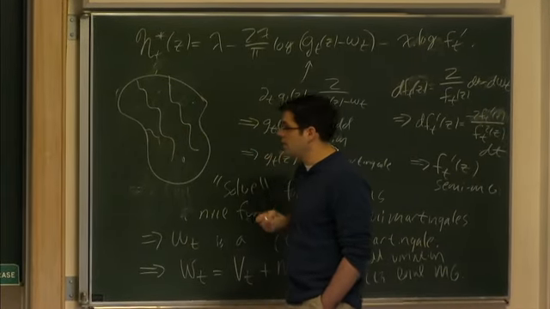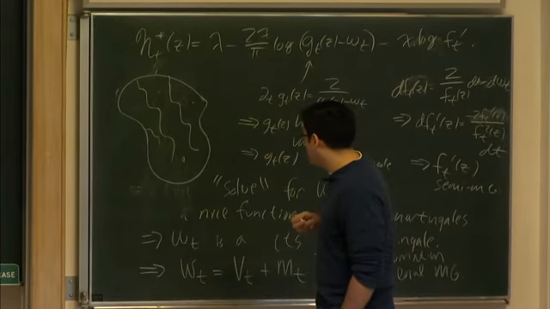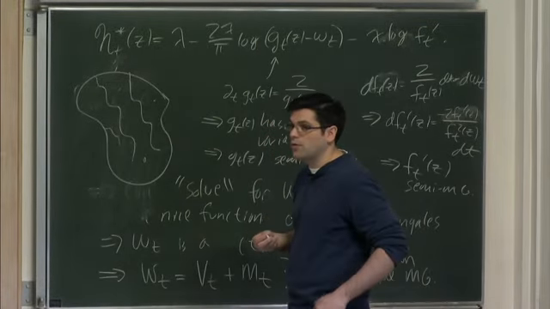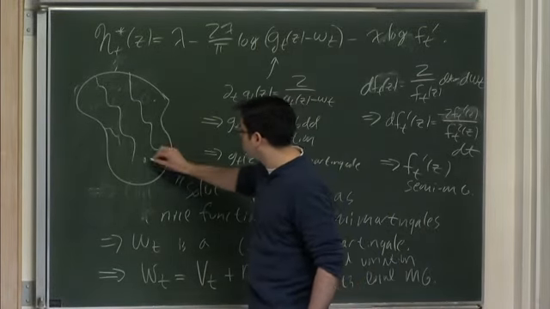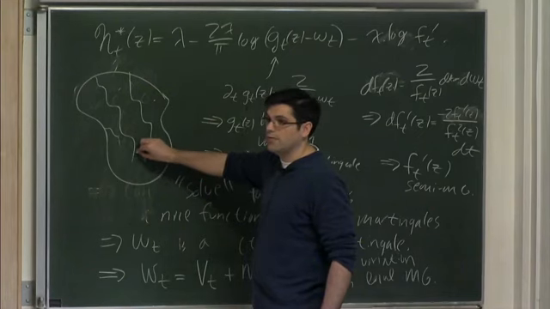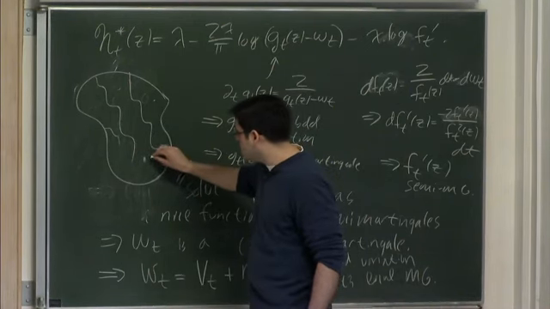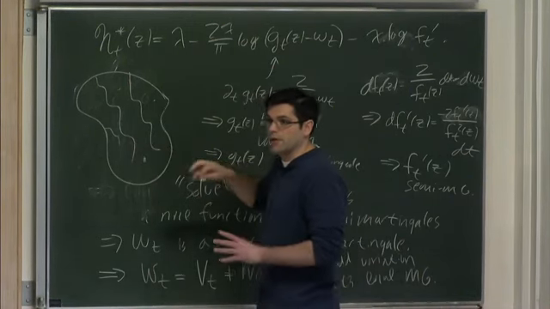So you know exactly what the function is. And you also know from the fact we did about local sets what the conditional variance of the Gaussian free field is going to be given this local set. And it just depends on the conformal radius of this point inside of this domain.